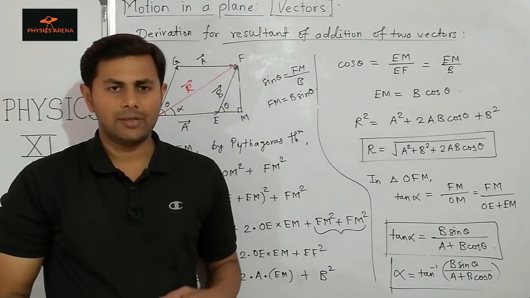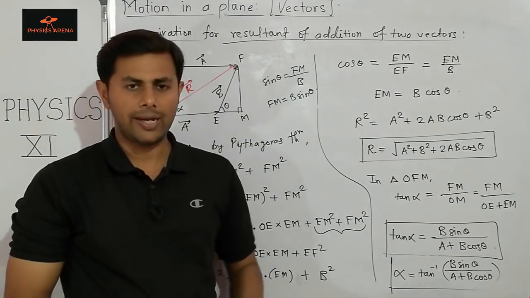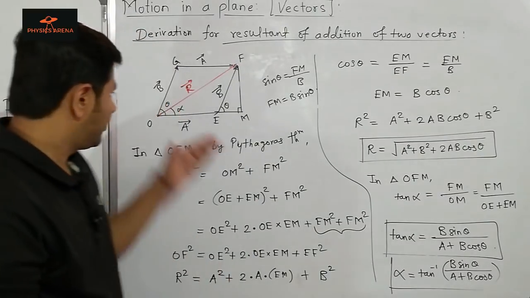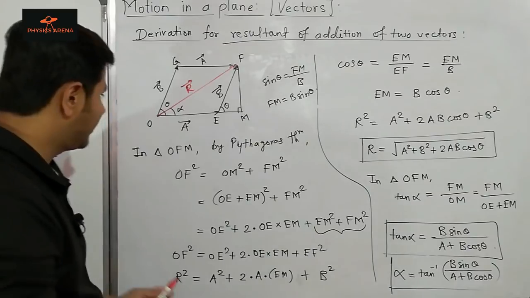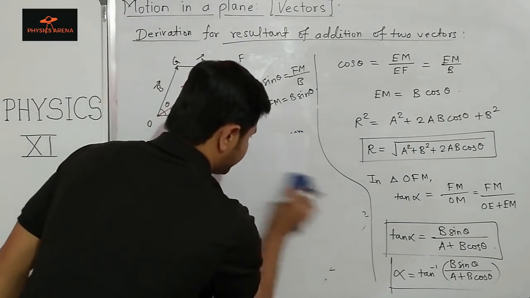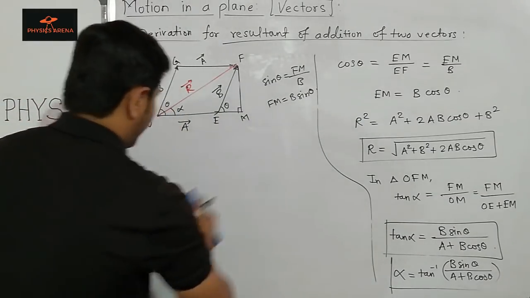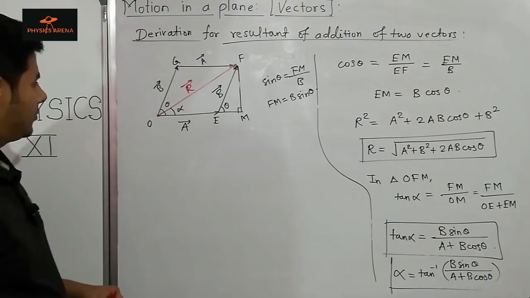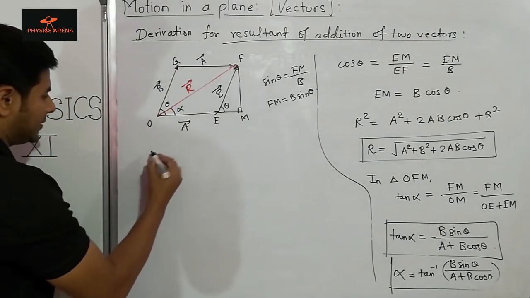Now there is another rule to find the direction, or the angle alpha, made by this resultant with the first vector. So let us see that. I will erase this. And what we do is we take sine of this alpha. So let's find sine of alpha.